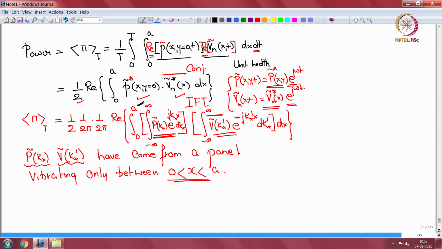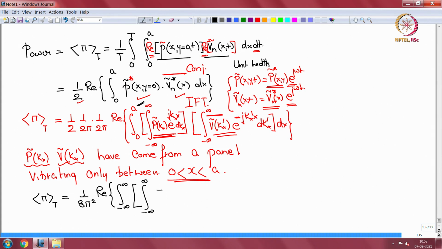Okay, so what do I get? I get power per unit width of the panel 1 by 8 pi square, the real part integral minus infinity to infinity, now 0 to a changed to minus infinity to infinity, then minus infinity to infinity.